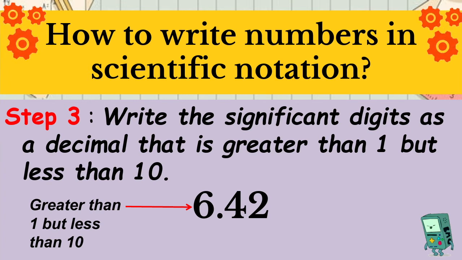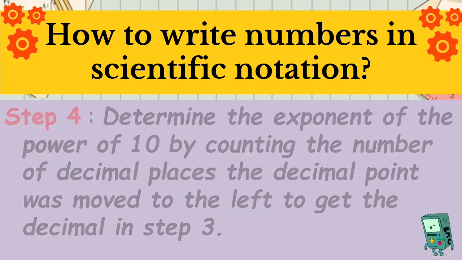Even though 6.42 has the rest of the numbers on its right side, the 0.42 are at the decimal places, which is lower than 1. So we consider 6.42 as greater than 1 but less than 10.